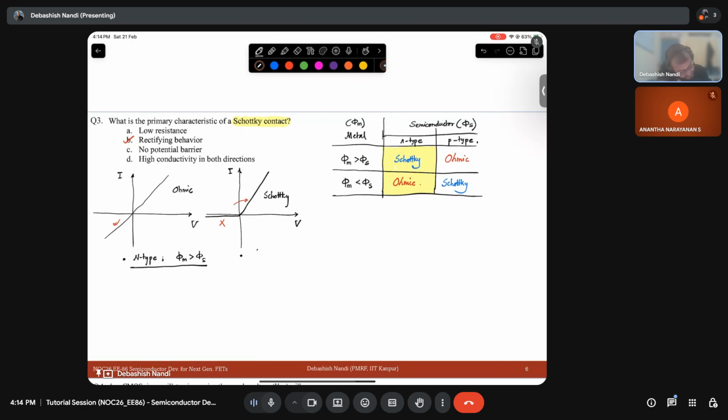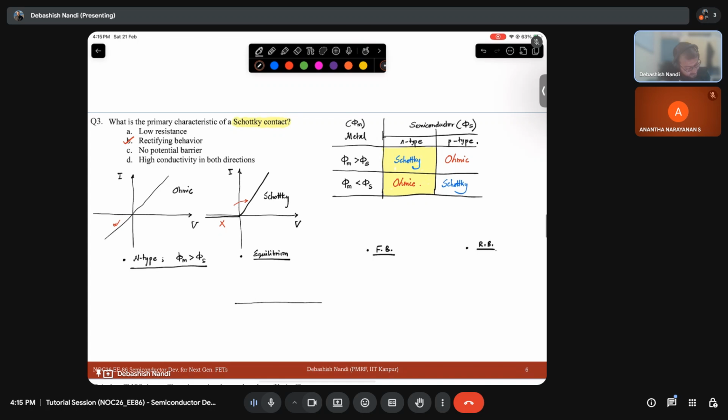First we will consider equilibrium, then forward bias, then reverse bias. Equilibrium means, what is constant at equilibrium? Fermi level. Fermi level is constant.